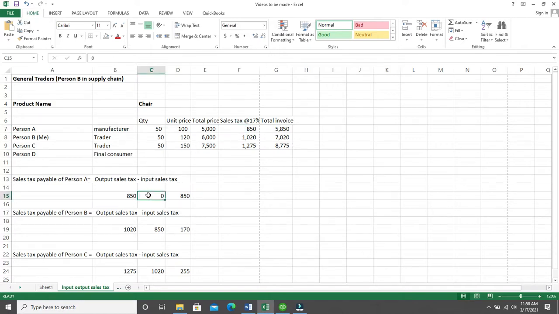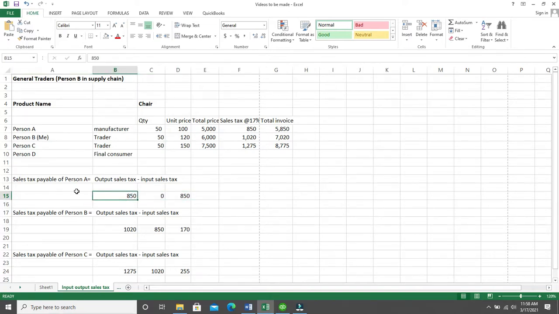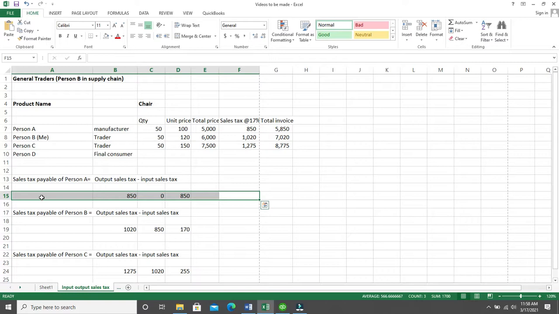His input sales tax is 0 because he has manufactured this product, so there is no input sales tax because he has not purchased these chairs from another vendor. So in this case, his sales tax payable is 850 minus 0. So this 850 is payable by him to the government tax collecting agency.